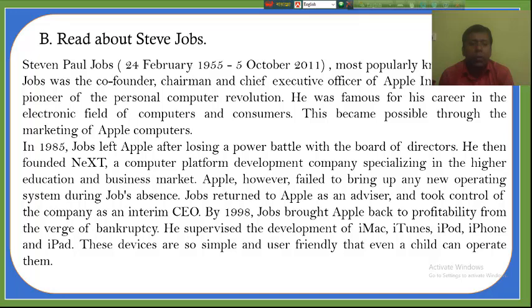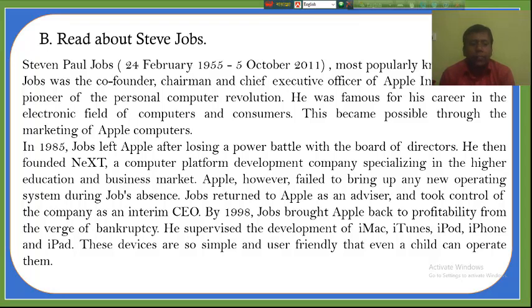He was the pioneer of the personal computer revolution. He was famous for his career in the electronic field of computers and consumers. This became possible through the marketing of Apple computers.